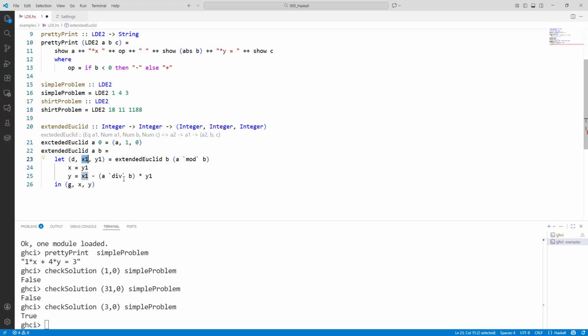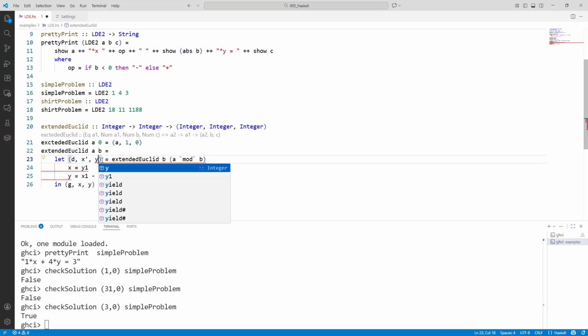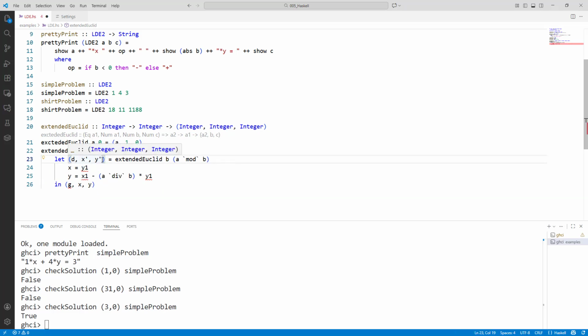I'll just use our names. Just letting you know, for Haskell, this prime here, the apostrophe, is the normal way to name a variant of a function, so y prime or whatever you're calling this. So extendedEuclid B (A mod B). A mod B is something interesting.